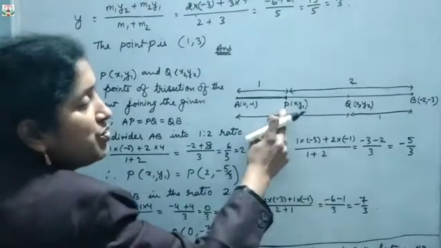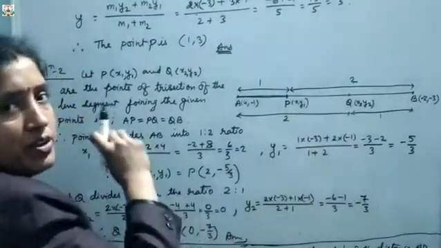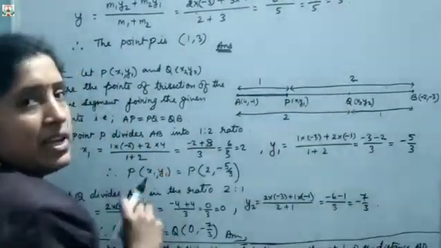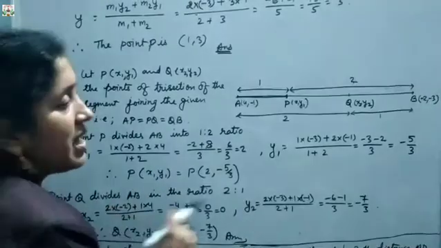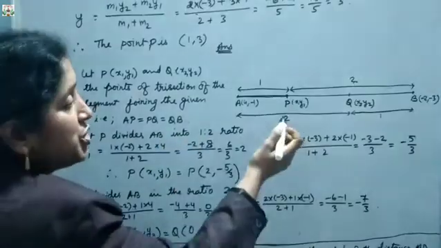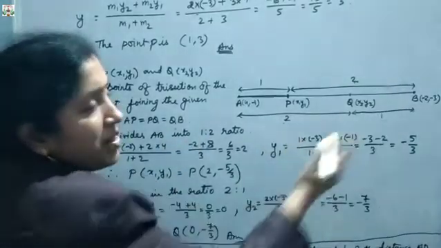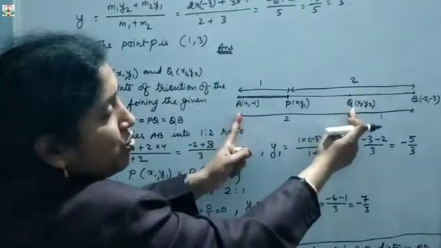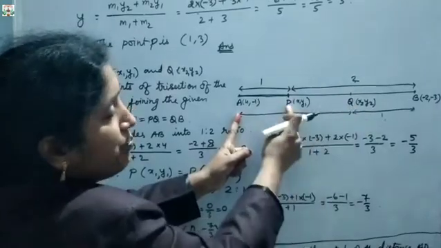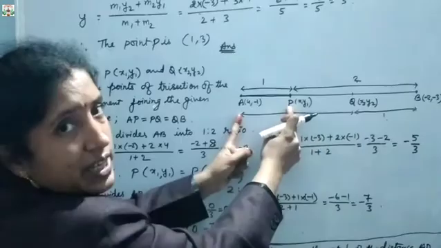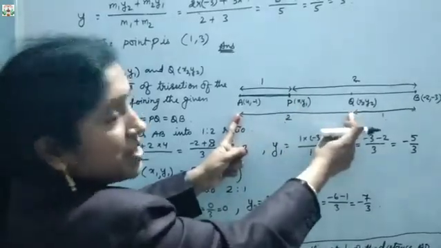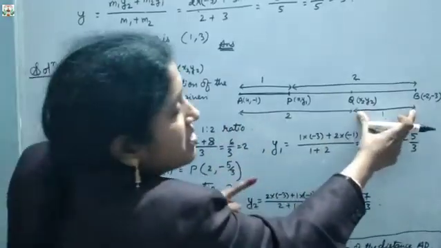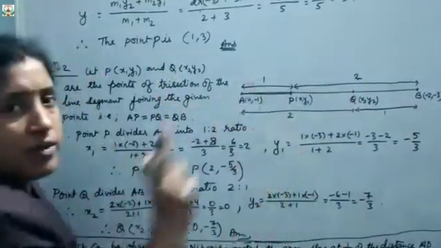And now suppose we are taking Q as a point which divides the line in ratio 2:1, because this distance A to Q will have P in it, so this distance will be 2 and this ratio will be 1.